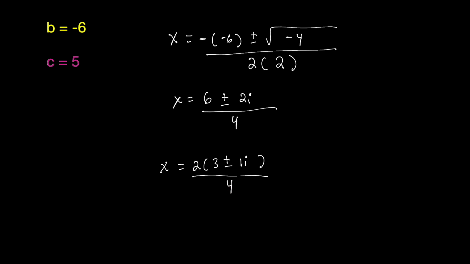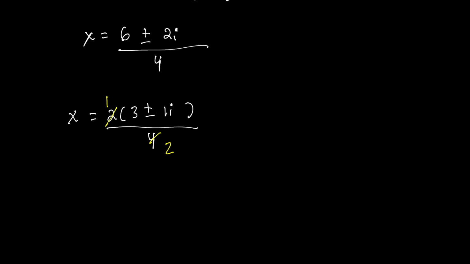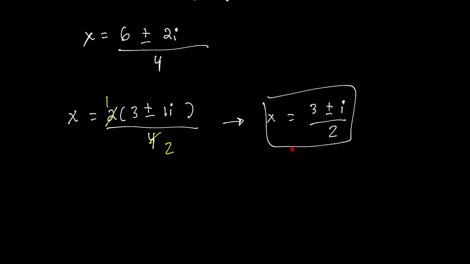And 2 and 4 share a common factor of 2. We can reduce that fraction as 1 over 2. And now we can rewrite our equation as x equal to 3 plus or minus i all over 2. And those would be the roots.